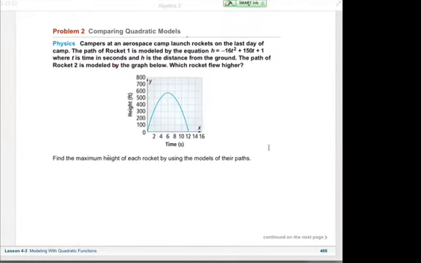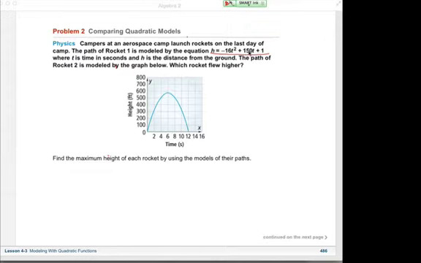Okay. In the second problem that we're going to look at, we're going to compare a couple of models. Campers at an aerospace camp launch rockets on the last day of camp. The path of rocket 1 is modeled by the equation h equals negative 16t squared plus 150t plus 1.